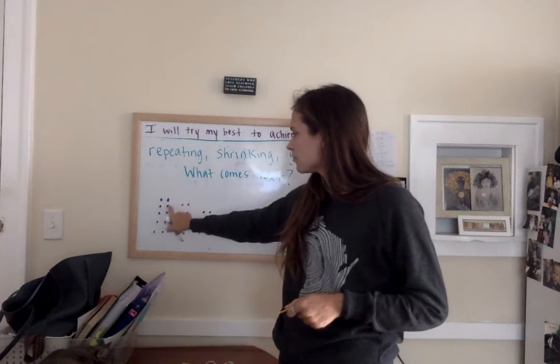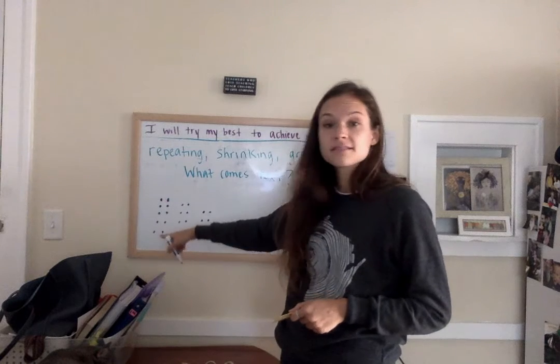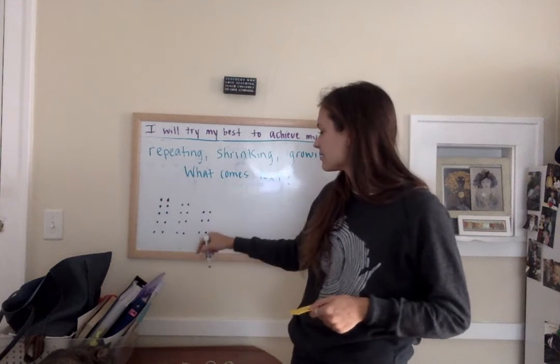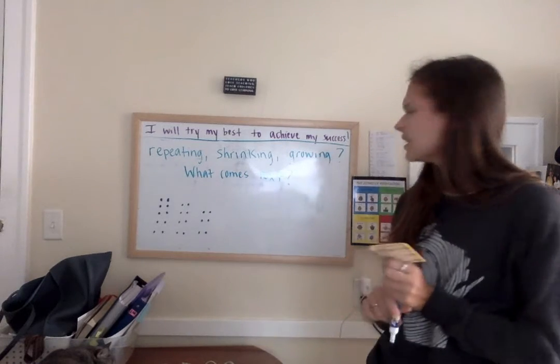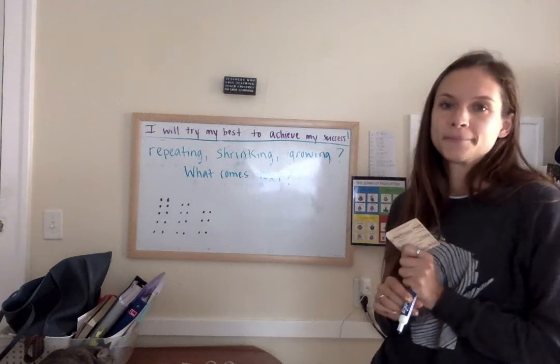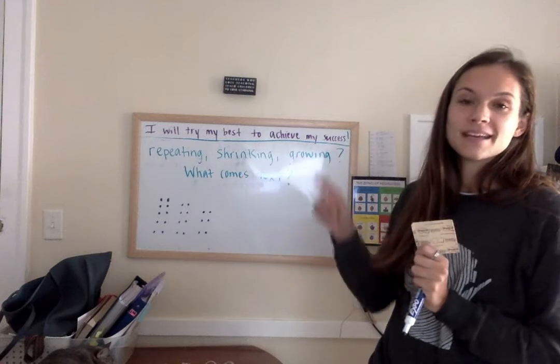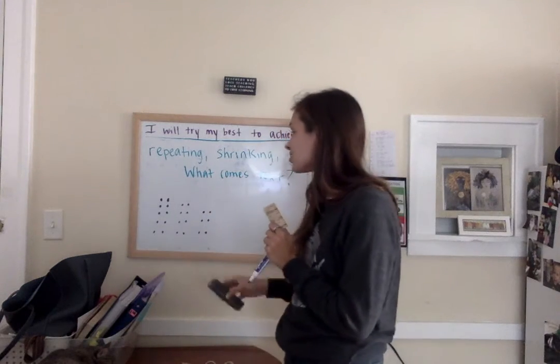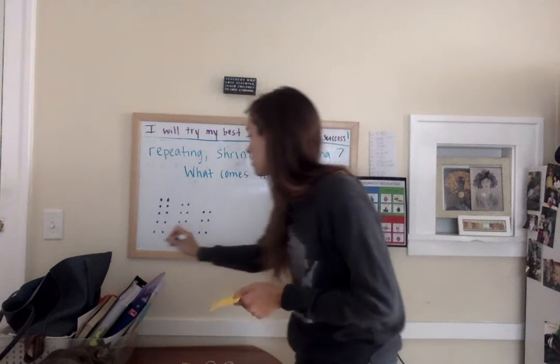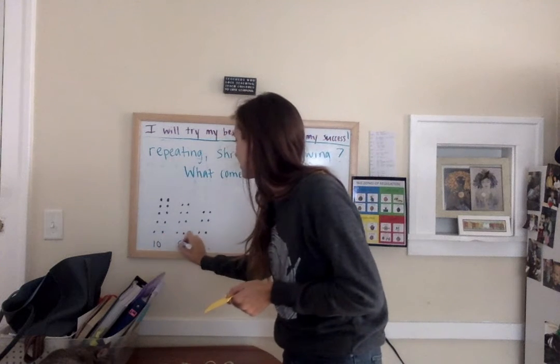There are 10 dots, 8 dots, 6 dots. Repeating, shrinking, or growing? It is a shrinking pattern. The numbers are getting smaller each time. We have 10, 8, 6.